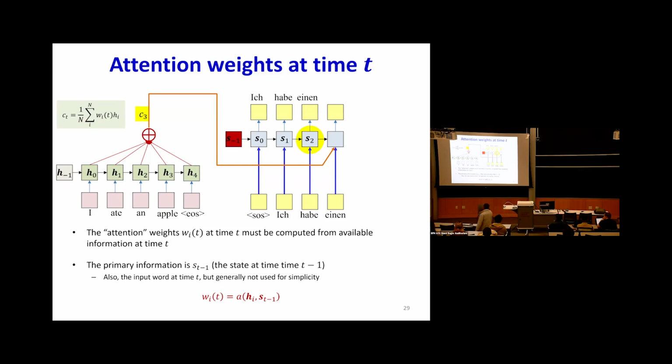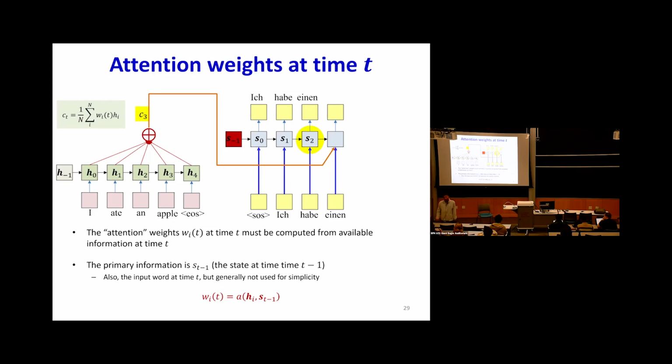So you have S2 that has been computed. The S's are the sequence of hidden states on the decoder side. So S2 has been computed. And technically, we could also use this word "einen". So S2 and "einen" are the only things available right now.